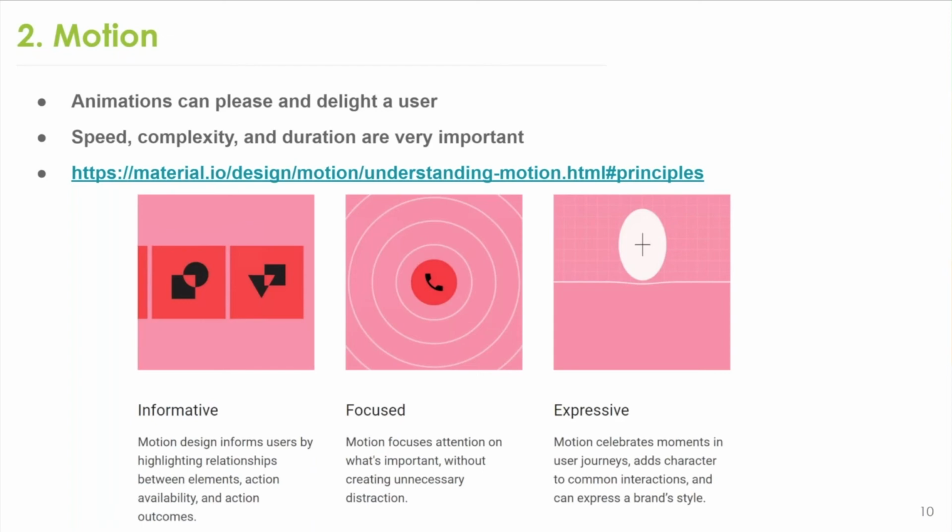I've also had some clients ask for a really complex animation that doesn't really suit it, it would just annoy the user. It's a waste of time. So when you're talking about the speed and complexity and duration, they have all of these listed in their motion guidelines, and they tell you when you should use motion.